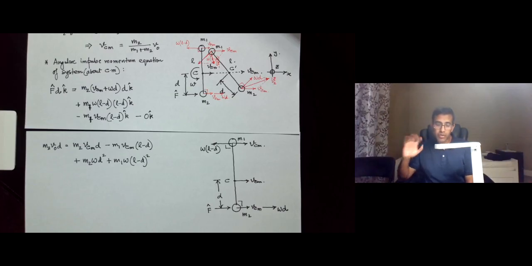Okay, so by definition, the velocity of the center of mass that the linear impulse momentum equation gives us is a velocity which is a mass averaged, distance averaged velocity.